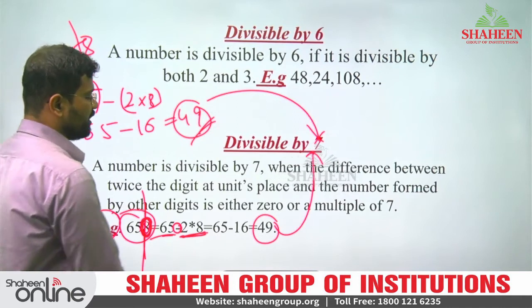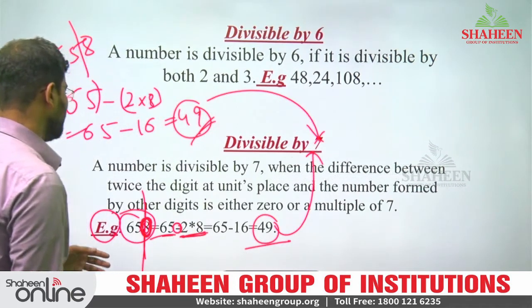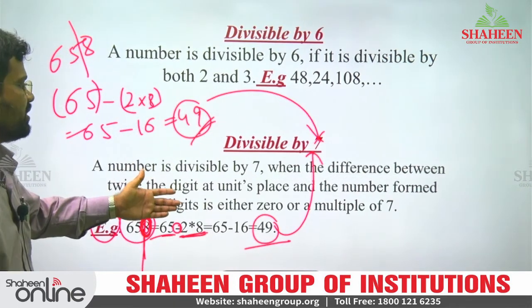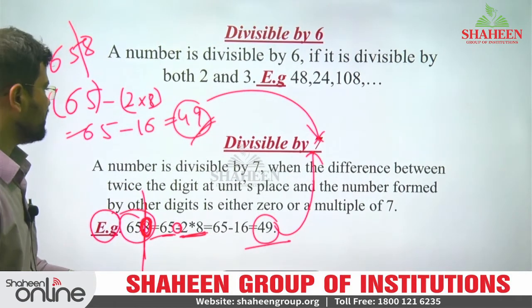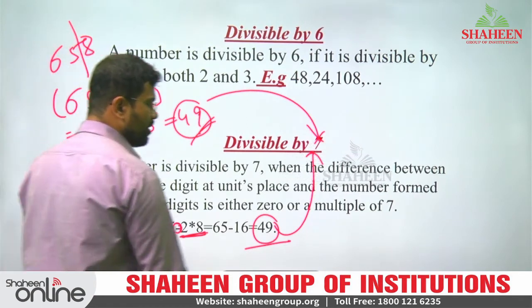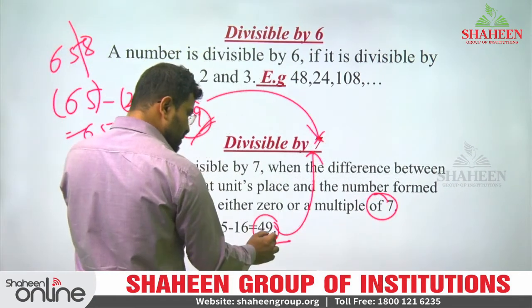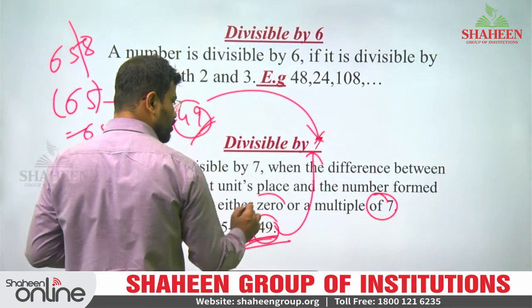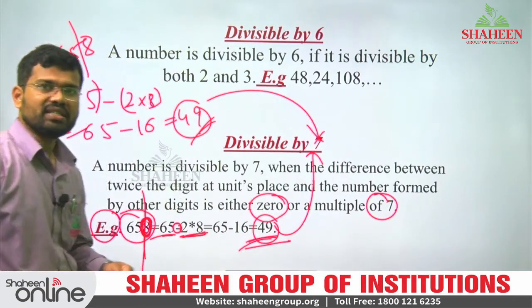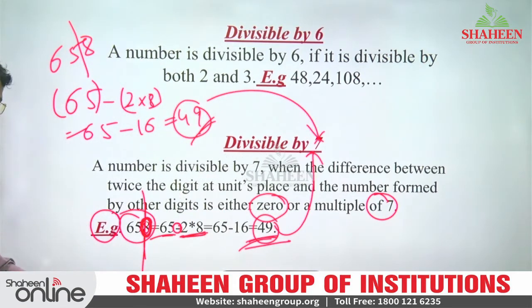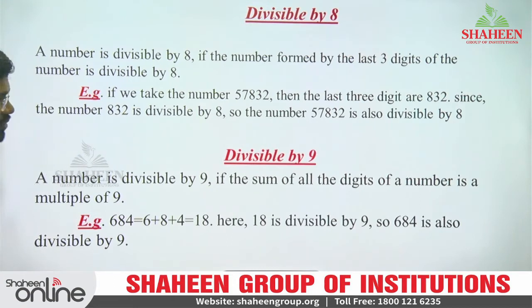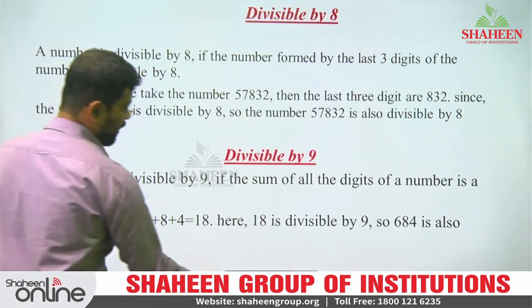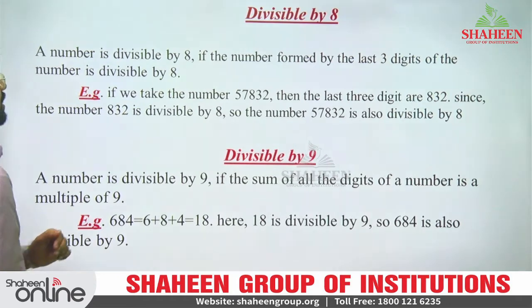The number is divisible by 7 when the difference between twice the digit at the units place and the remaining number is either 0 or a multiple of 7. If the result is 0 or a multiple of 7, the given number is divisible by 7. I hope it's clear. Now let us move to the other slide.